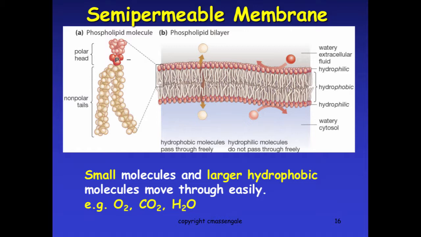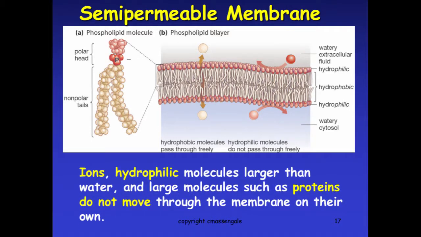So yes, water is very small, and so it can still, what we consider, move freely through the phospholipid bilayer. However, it doesn't take one of these large proteins to go through. It's almost like a channel, instead of requiring energy, because it is a passive movement.